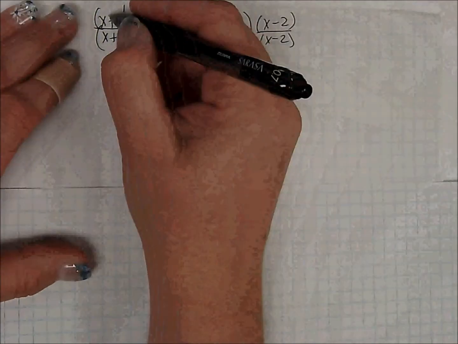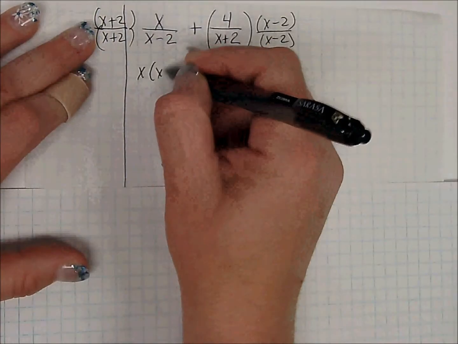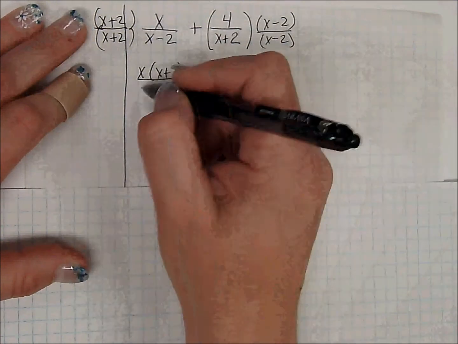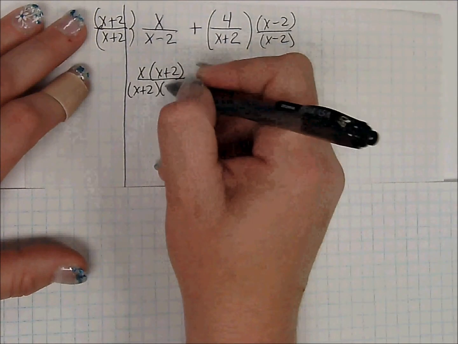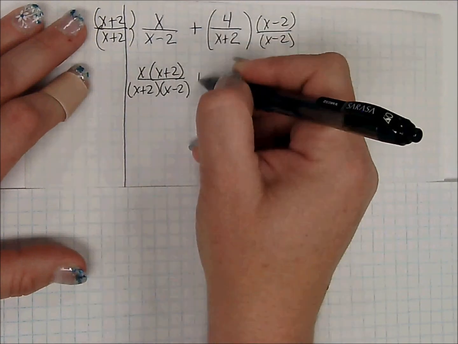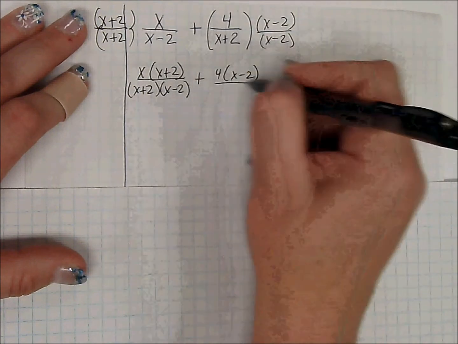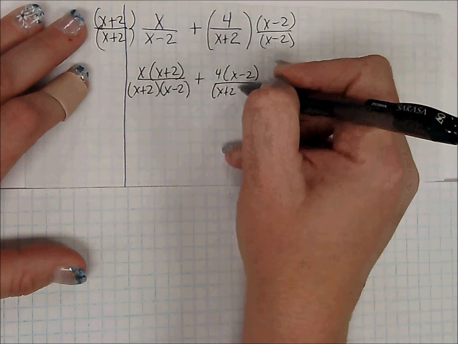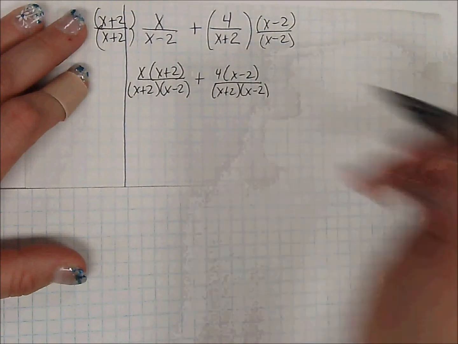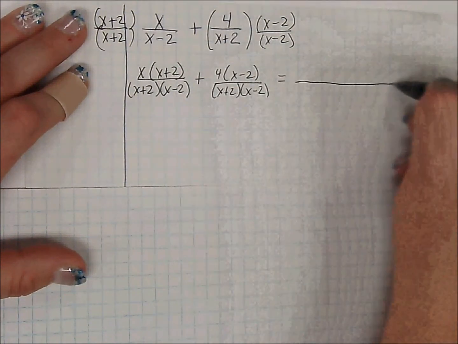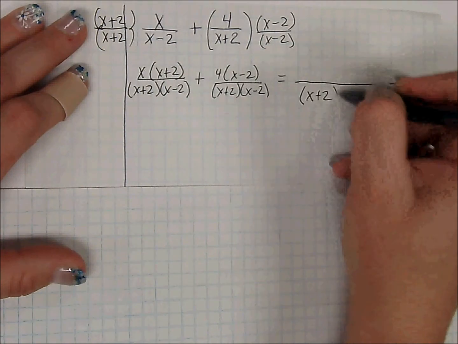All right. Here we have x times x plus 2 over x plus 2, x minus 2, plus 4 times x minus 2 over x plus 2 and x minus 2. They have a common denominator, so I can just add them together now.